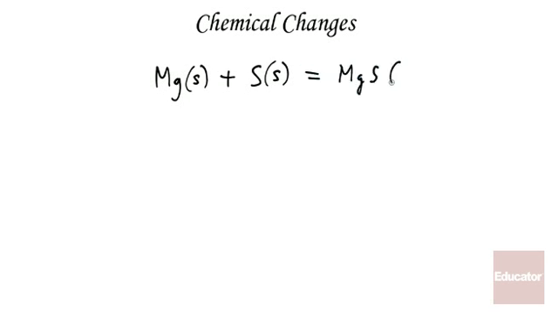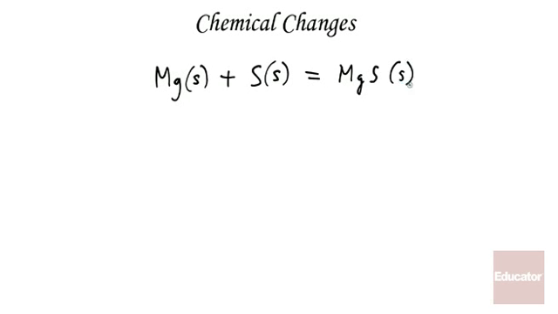Take, for example, the chemical change that we looked at just a few moments ago when we looked at a chemical reaction. We looked at magnesium, a solid, plus sulfur, the yellow solid element, going to magnesium sulfide, also a solid.